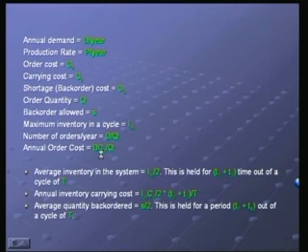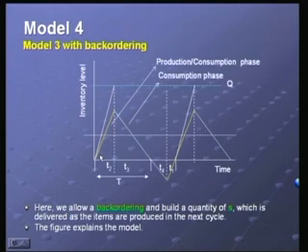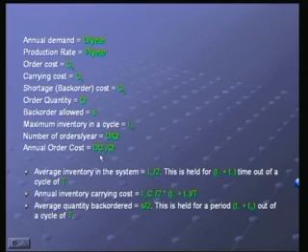Because every time we produce Q, so number of setups in a year will be D by Q, so annual setup cost will be D by Q into C naught.